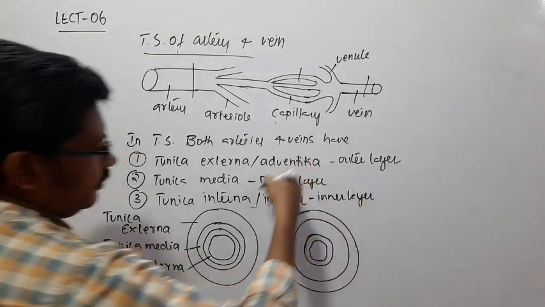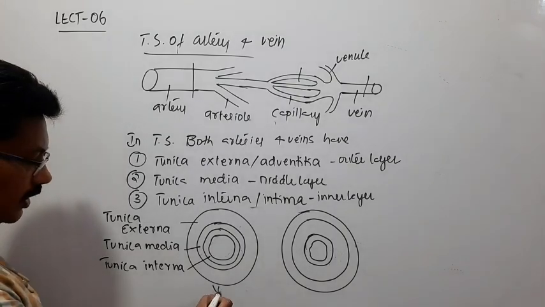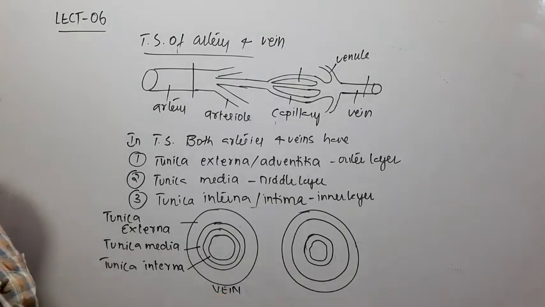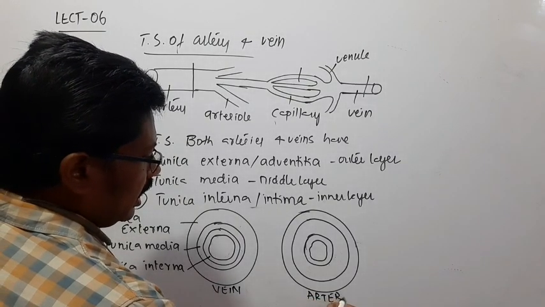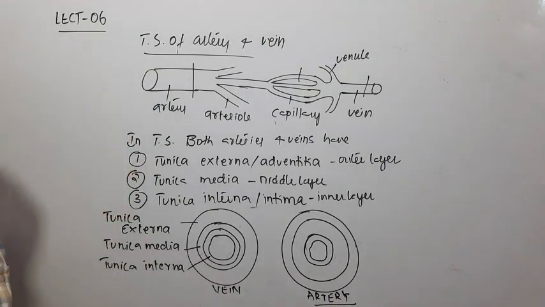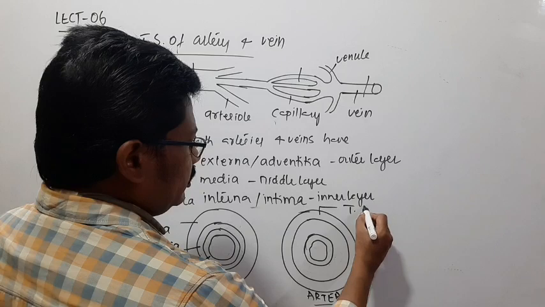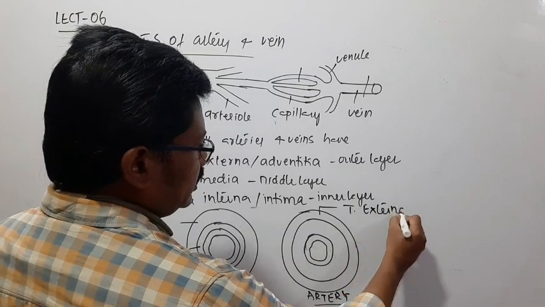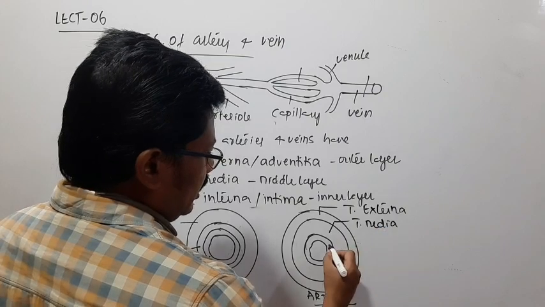Of course, we can easily understand from the names themselves: externa, media, and interna. Here this is the transverse section of vein, and this is the transverse section of artery.